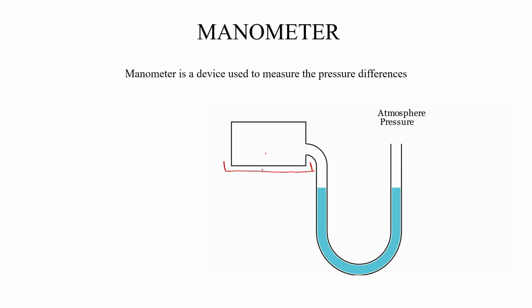It is changing from atmospheric pressure to vacuum pressure, and then to gauge pressure, and then to atmospheric pressure. When there is vacuum pressure, the liquid in the left column rises up, and when there is gauge pressure, liquid in the right column rises up, and in the atmospheric pressure the liquid column on both limbs will be same.